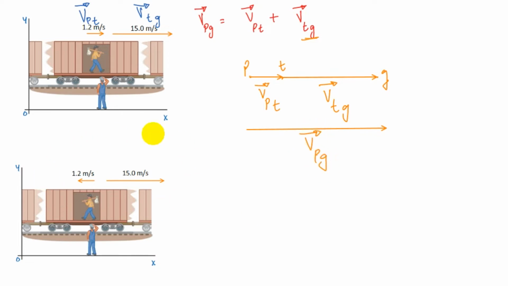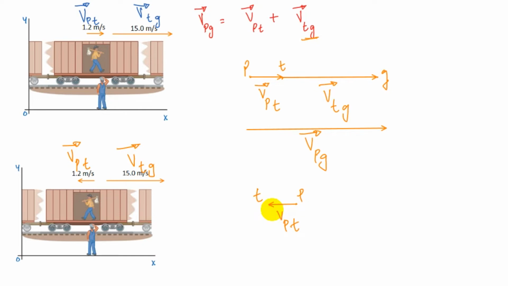In the similar way, we can add these two vectors. So this would represent velocity of person with respect to train, and this is velocity of train with respect to ground. So first I'll be making this vector, velocity of a person with respect to train. So it is in this direction. This is velocity of a person with respect to train. This would be P and this is T here. Now next we have the velocity of train with respect to ground, and it is on the right side.